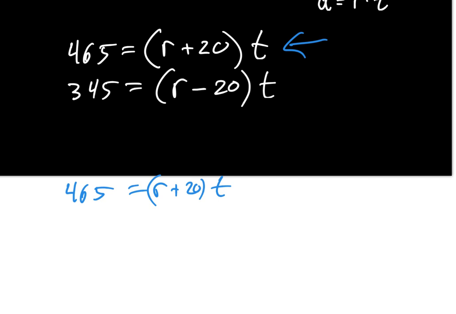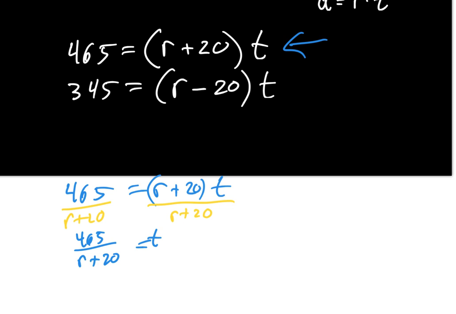If I want to solve for t, that means I want to get rid of everything that's not a t on the right-hand side. I will divide by r plus 20. I will then have t equals 465 over r plus 20.